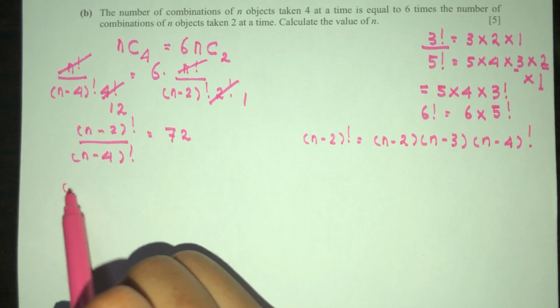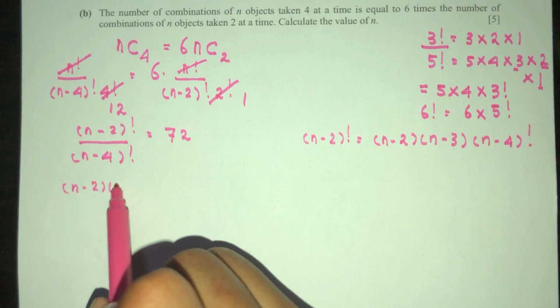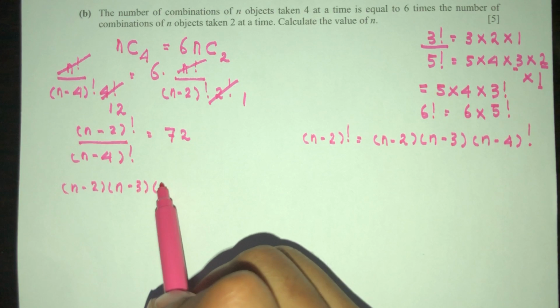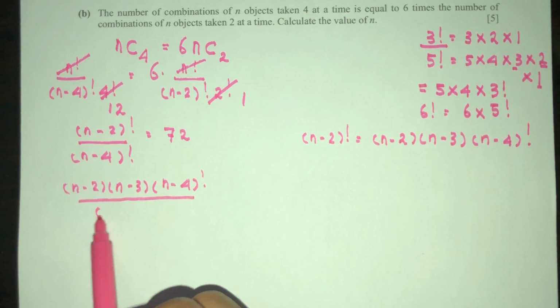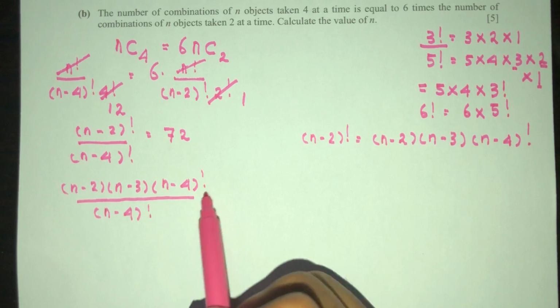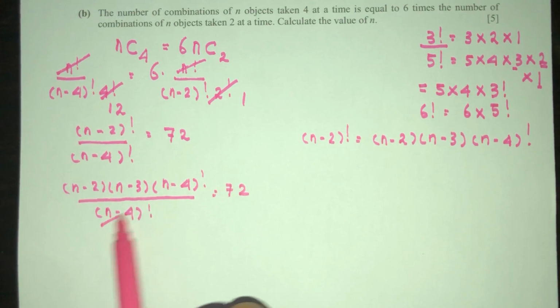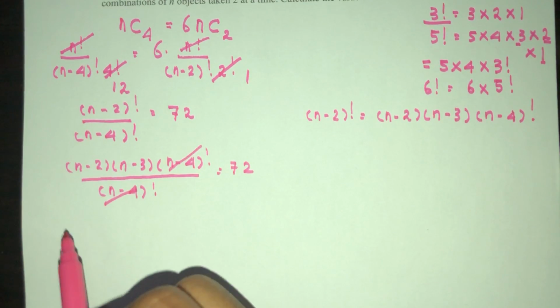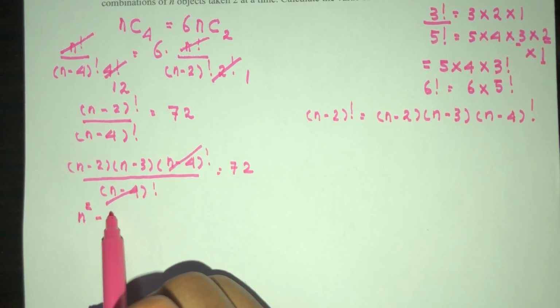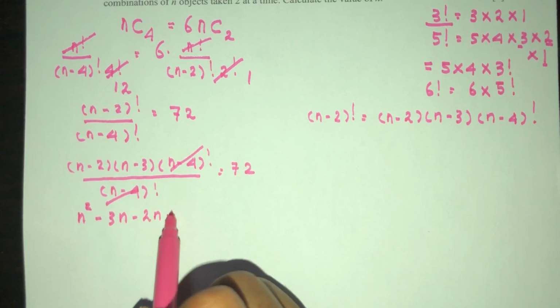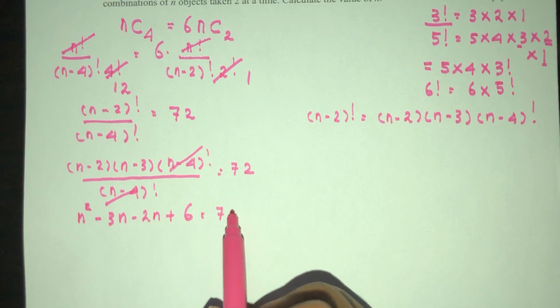On top, you will have n minus 2 times n minus 3 times n minus 4 factorial over n minus 4 factorial equal to 72. Obviously this and this will cancel out. So you expand, you will have n squared minus 3n minus 2n plus 6 is equal to 72.